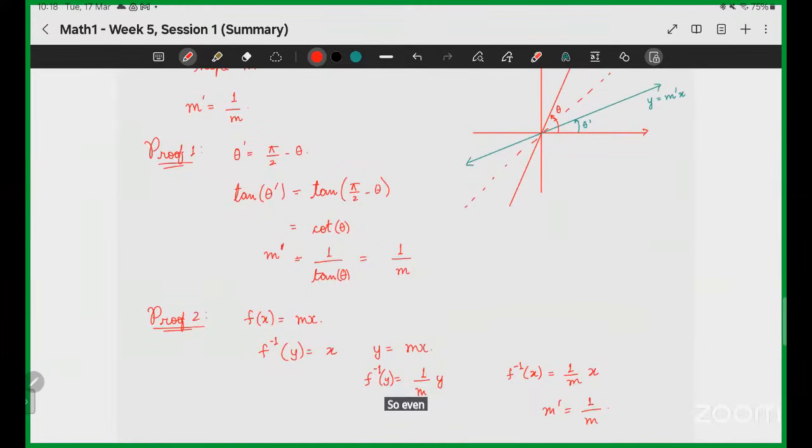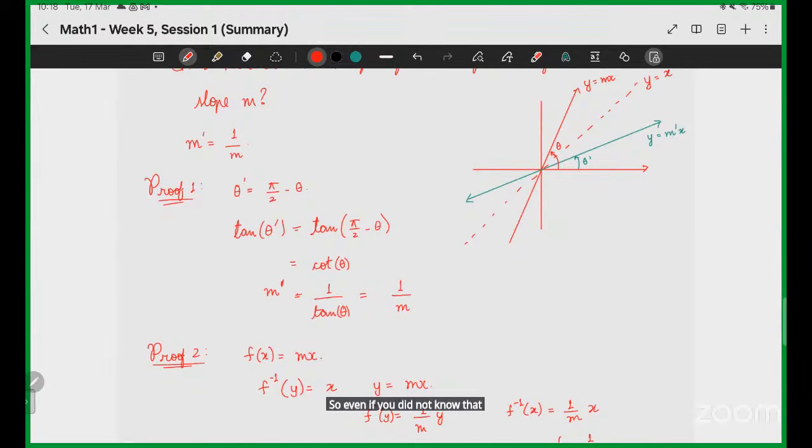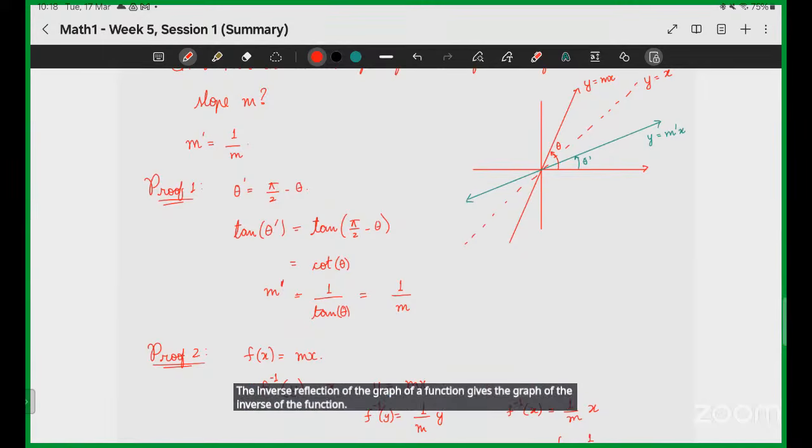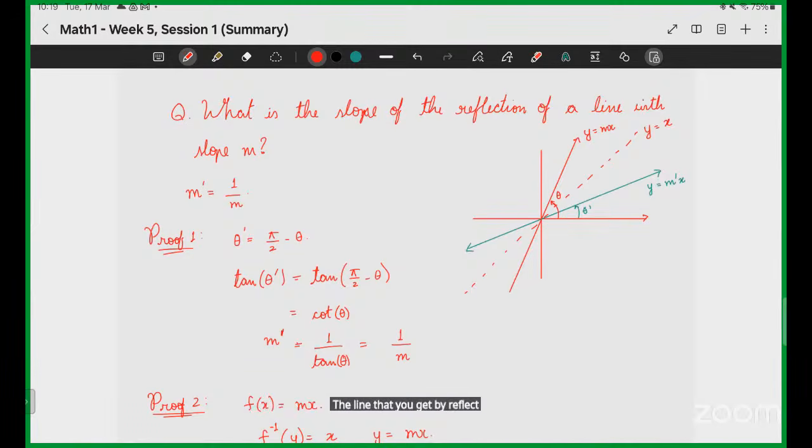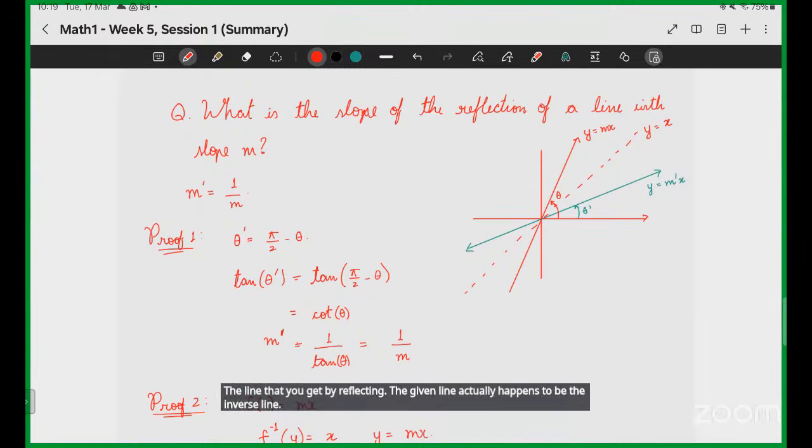Even if you did not know that the reflection of the graph of a function gives the graph of the inverse of the function, you can just do trigonometry, at least for the straight line case, and check that the line that you get by reflecting the given line actually happens to be the inverse line. Is that fine?